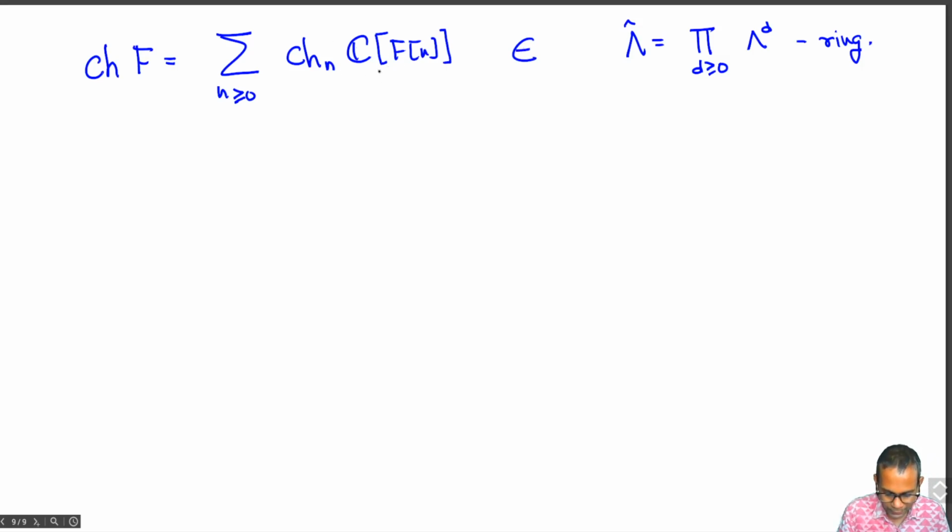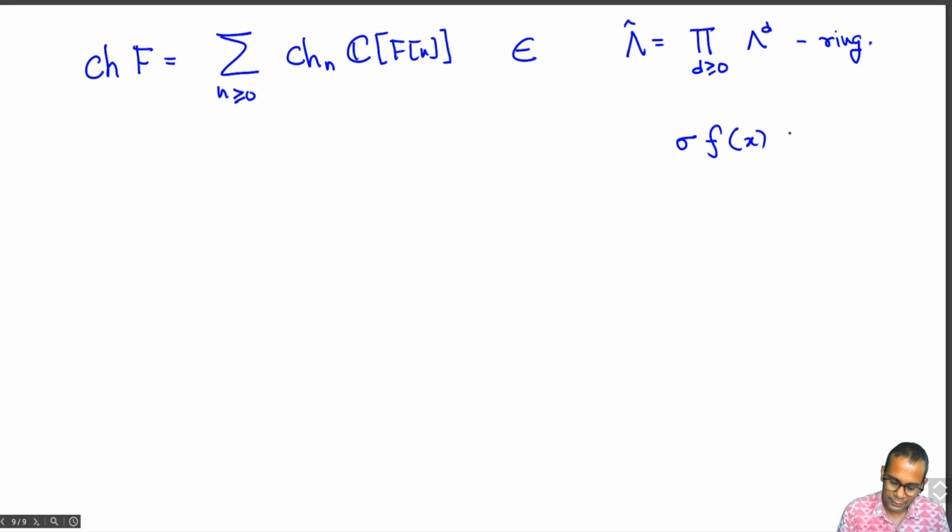And what do I mean by this characteristic of C Fn? Well, Fn is a set with an action of Sn, and so I can think of complex valued functions on this set as a representation of Sn. So given an element sigma of Sn, I can act on a function.